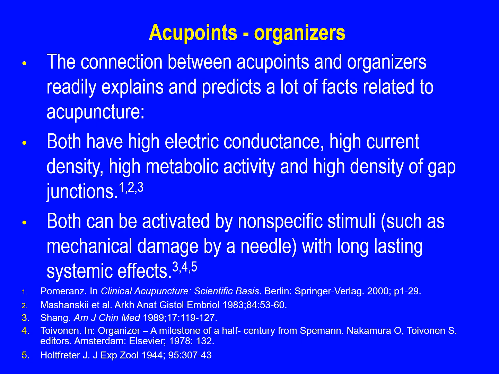We see many common features shared by acupuncture points and organizers in growth control. Both of them have high electric conductance and high electric current density, high metabolic activity, and high density of gap junctions.